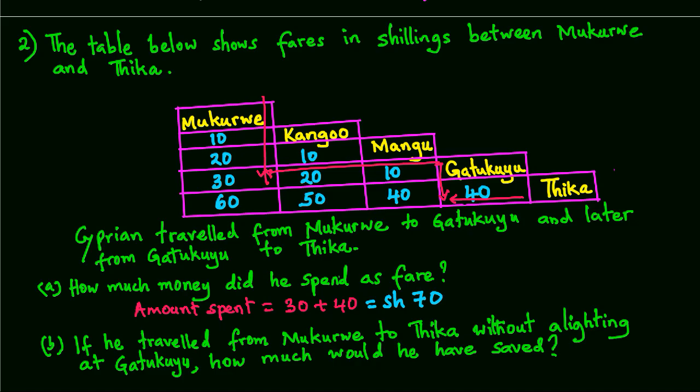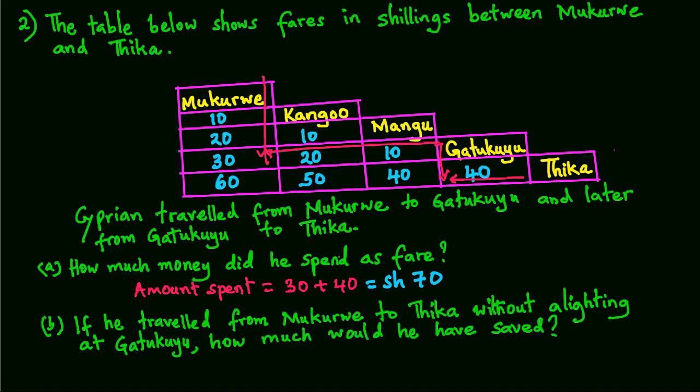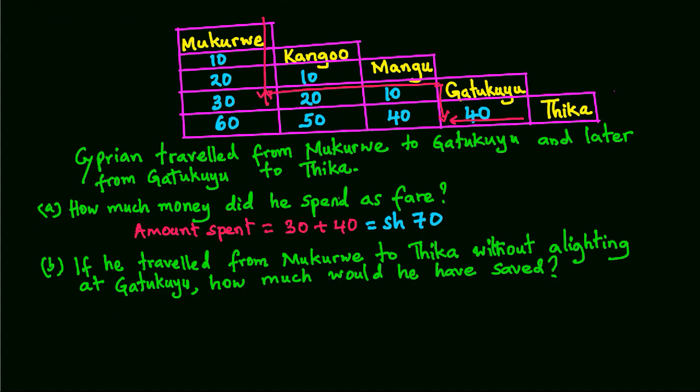Now if he traveled from Mukuru to Thika without alighting at Gatukuyu, how much would he have saved?